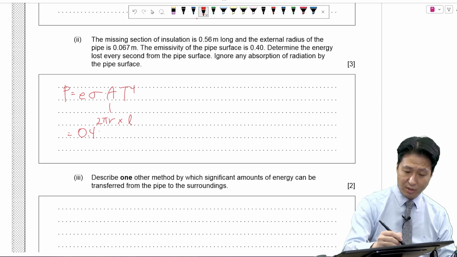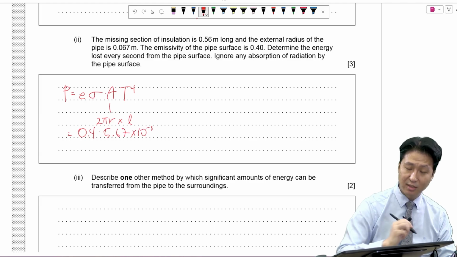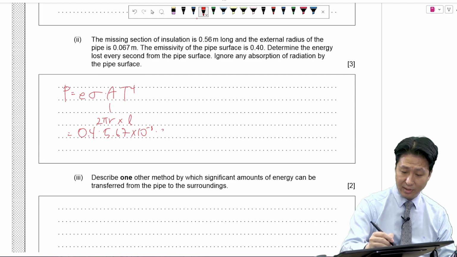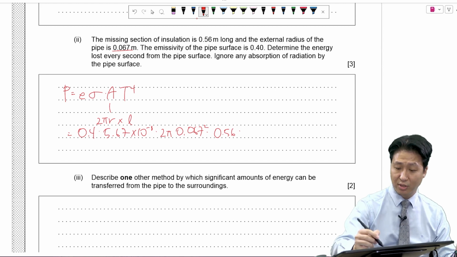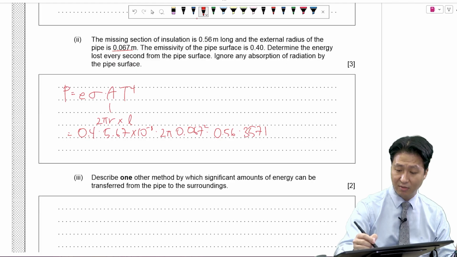Stefan-Boltzmann constant, which is 5.67 times 10 to the negative 8, times the area, 2 pi, the radius, which is 0.067, times the length, which is 0.56 meters, times the temperature to the 4th power, and it has to be the absolute temperature, which is 357 Kelvin, which we'll put to the power of 4.